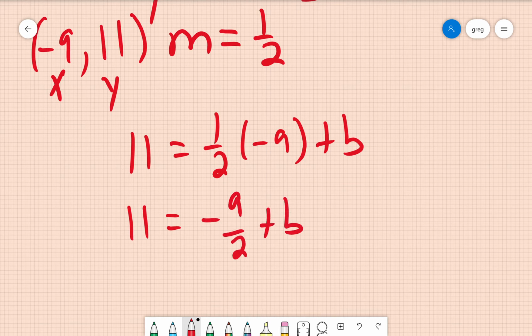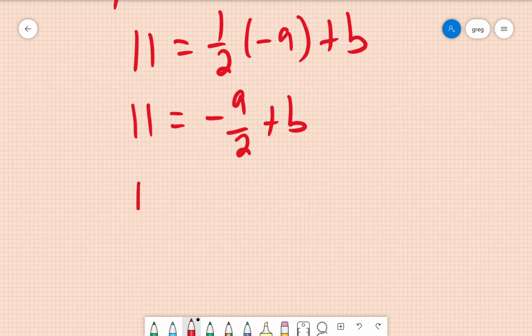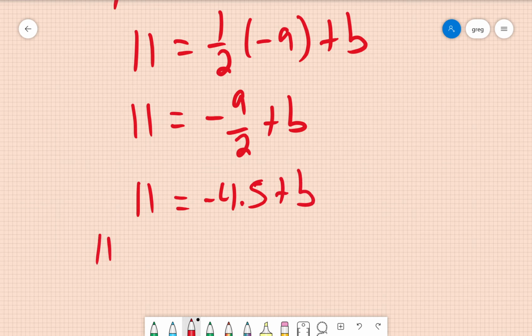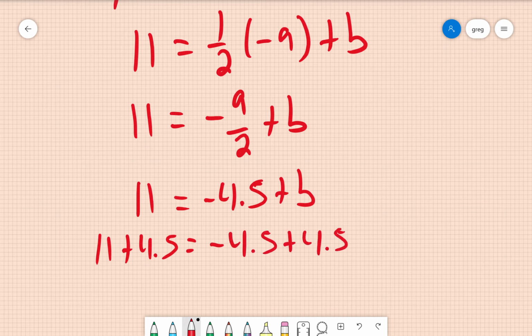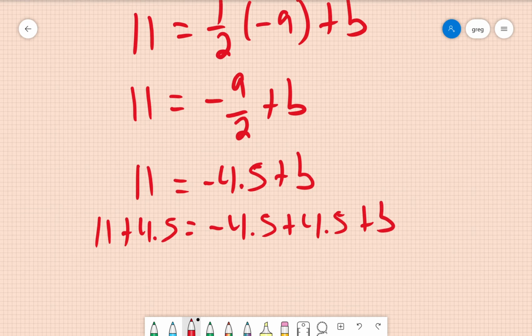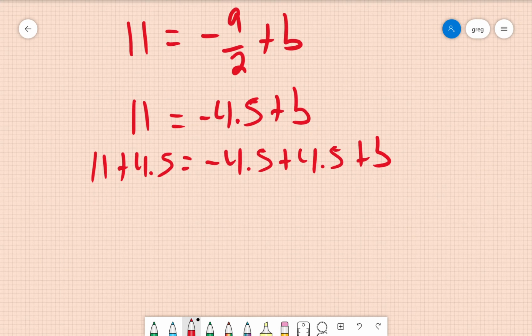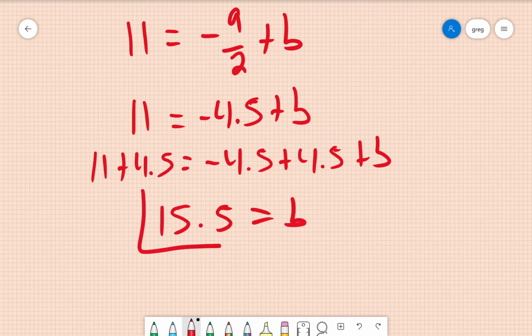What's 1/2 of 9? 4.5. What's 11 plus 4.5? All right, so now we have our b.